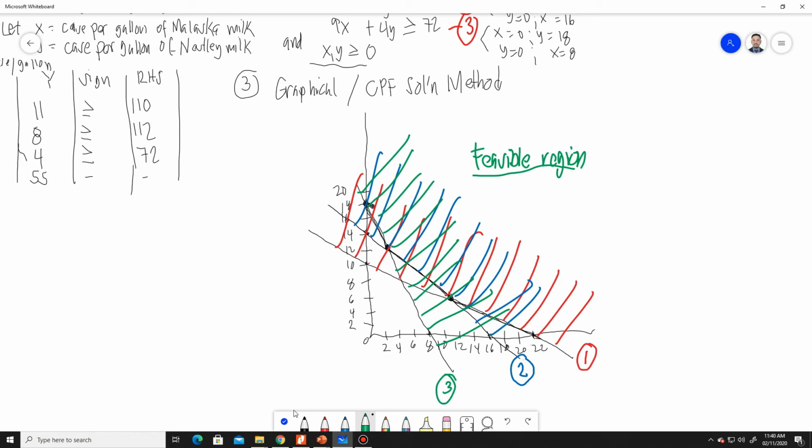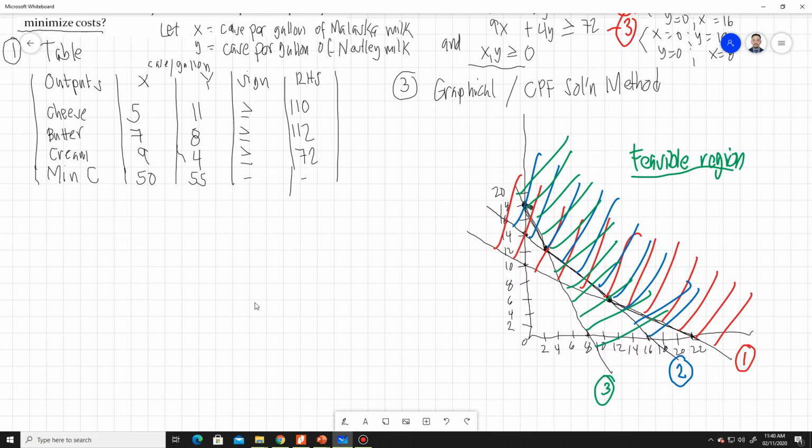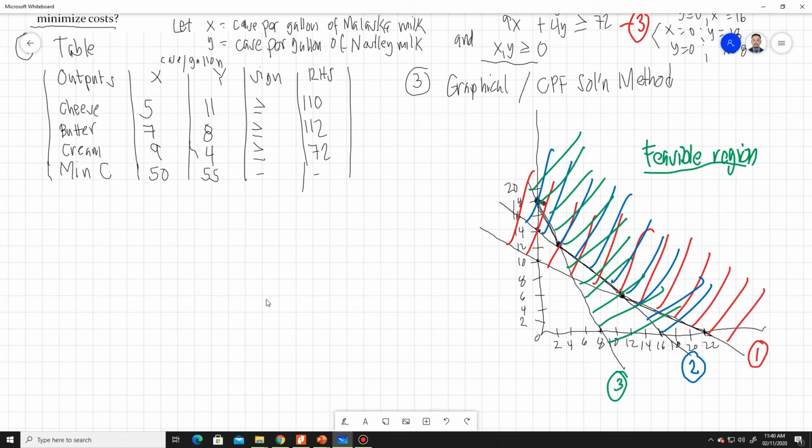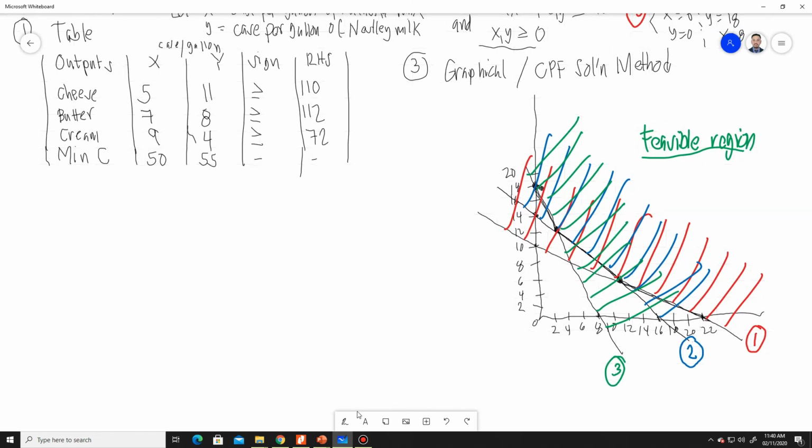Now, for step number 4, we get the vertices and its corresponding cost.